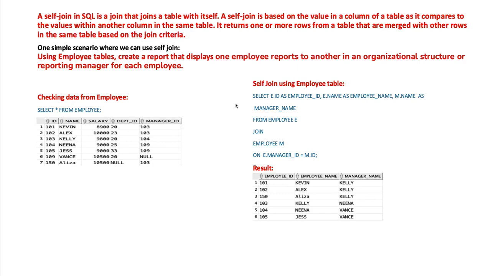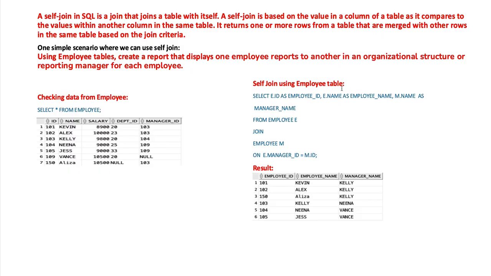Next step, I am going to use self-join on that employee table to identify the manager for each employee. To identify the manager for each employee, I have used the employee table 2 times.